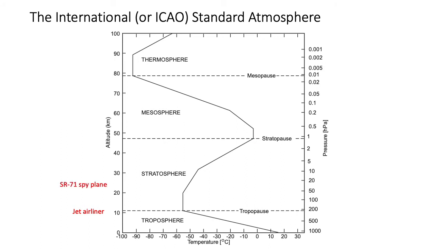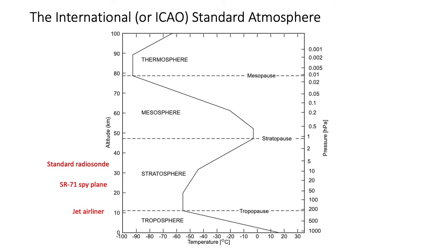If you are interested in the latest and greatest military spy planes, actually I'm not sure it's latest and greatest because the SR-71 has been decommissioned to my knowledge, but I believe it holds the record for the highest level flight for a jet aircraft, and that was somewhere up around 24 kilometer altitude, so well up into the stratosphere.